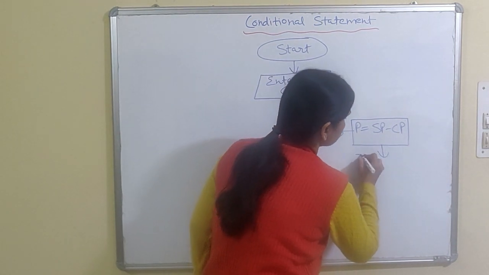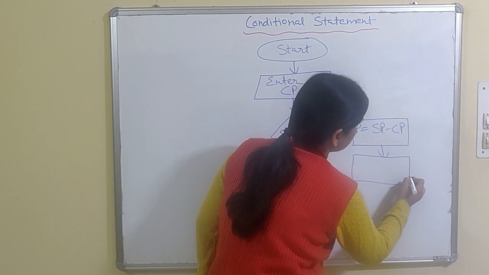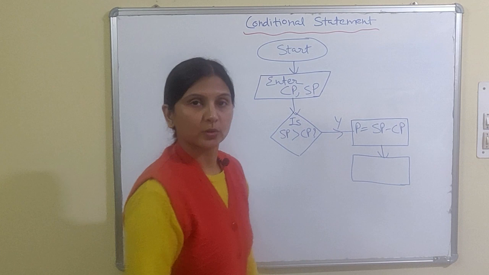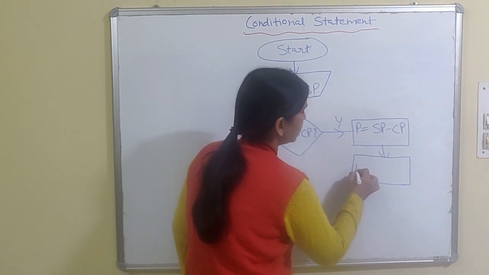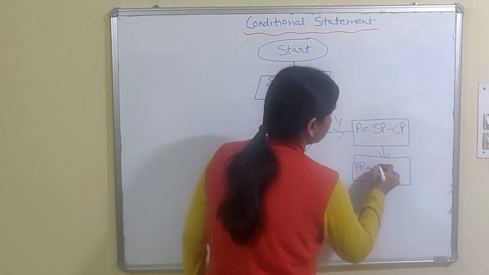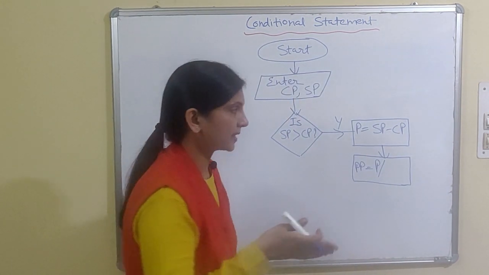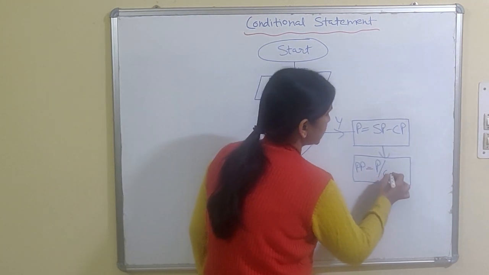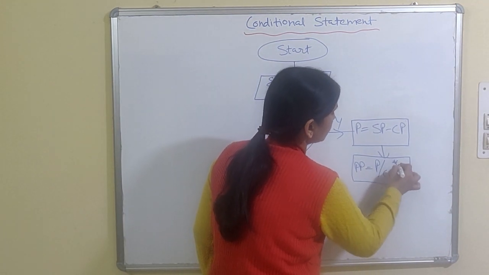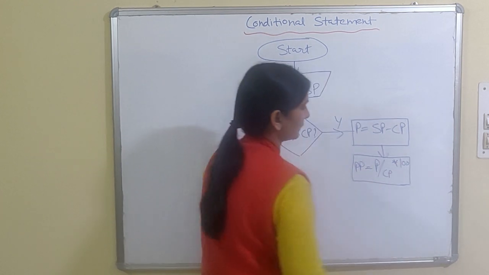Now it's turn to calculate profit percent. Again, process box, PP. What is the formula of profit percent? P divide. So divide in QBasic you represent by slash. P by CP into asterisk. For percent you will use 100.